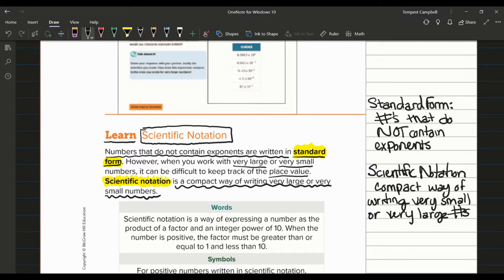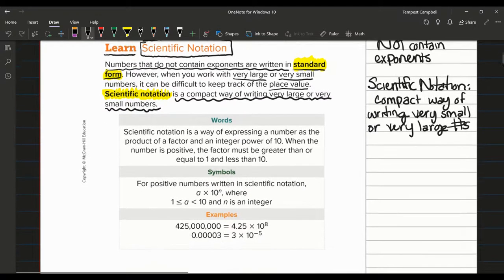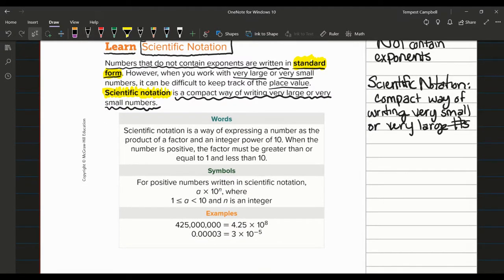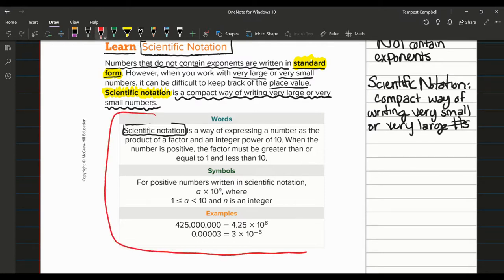Okay, so we have standard form, we have scientific notation, and we're going to be going in between the two. So in words, scientific notation, and I would highlight this whole thing. This is going to be an important definition. Star it. Do whatever you need to do to know that this is going to be important.